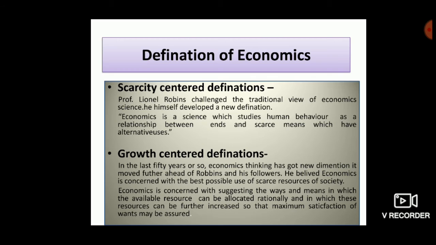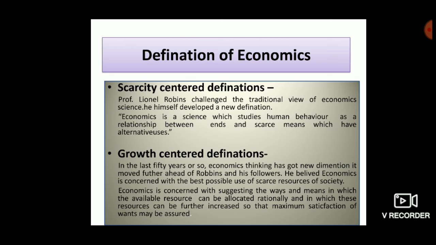Therefore, he has to choose rationally between limited resources and unlimited wants. A man has to decide which want is to be satisfied and which are to be left. Then he has to decide which want should be satisfied first and which after some time.